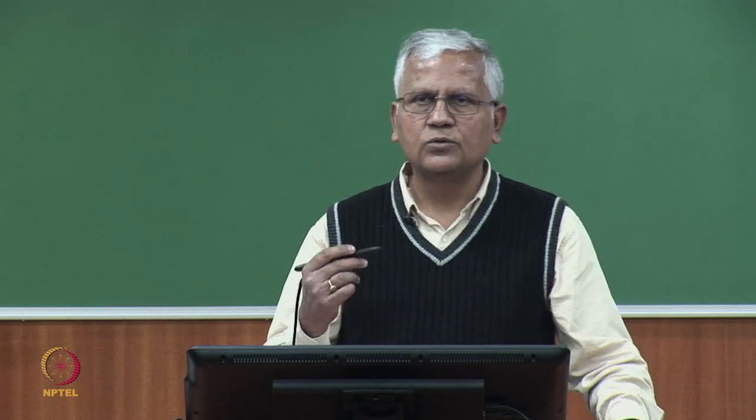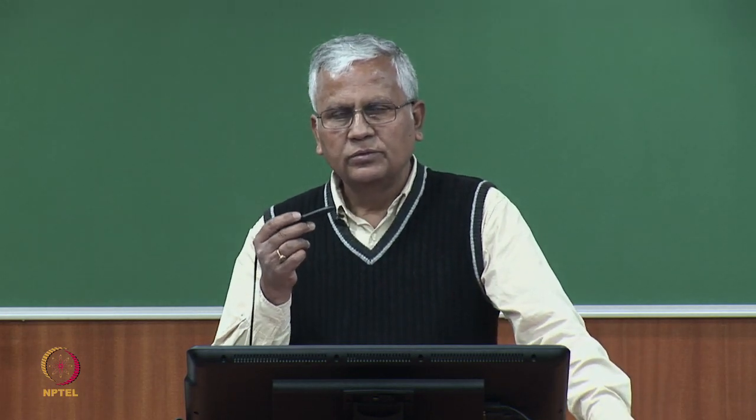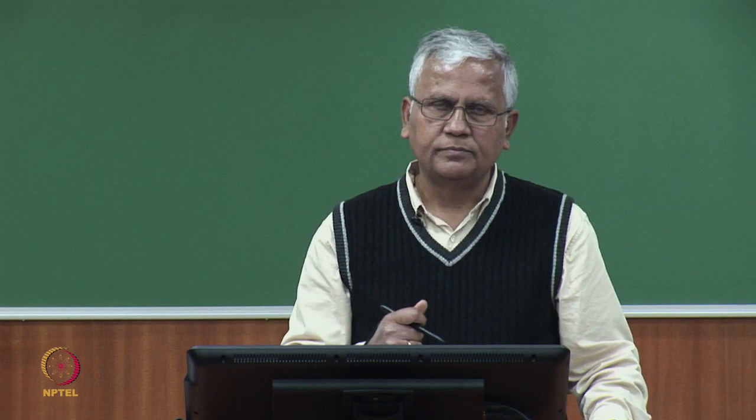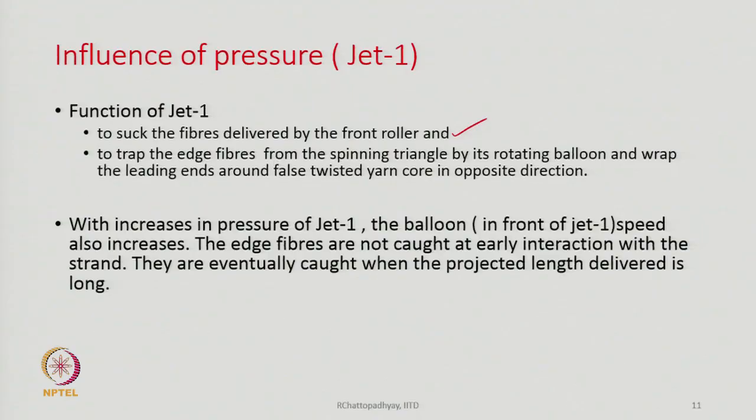Now, the purpose of jet 1 is to pre-wrap the edge fibers which are escaping the twisting action, and also the formation of a balloon. So, the purpose is to trap the edge fibers by the rotating balloon.